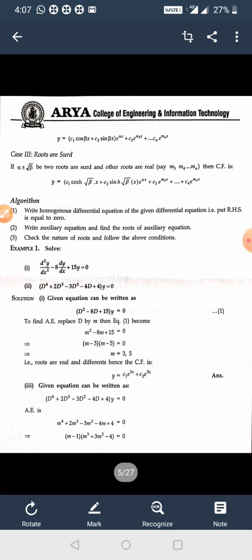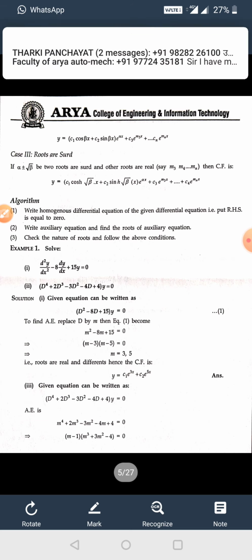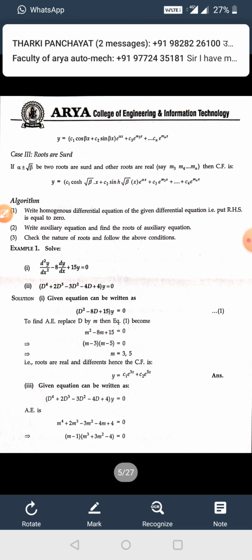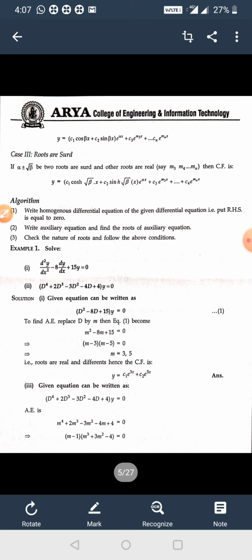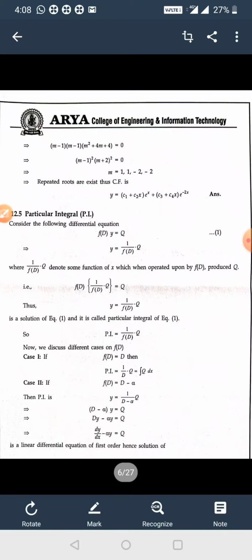Let me take another example: D4 minus 2D cube minus 3D square minus 4D plus 4 equals 0. We substitute m in place of D, so we get m4 minus 2m cube minus 3m square minus 4m plus 4 equals 0. By the factorization method, we find the roots are 1, 1, minus 2 and minus 2.